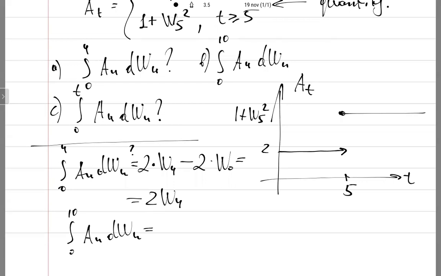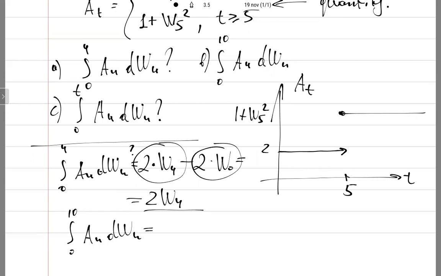Your initial wealth is 2 times W_0, and final wealth minus initial wealth gives my profit. Okay, I see. Thank you. Yes, we have 2 cups, and we do not buy new cups.